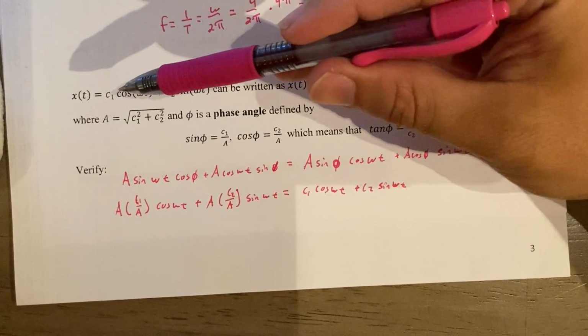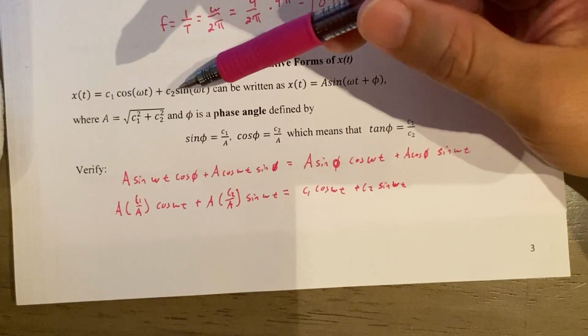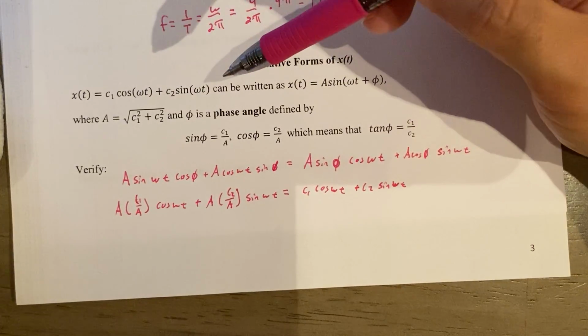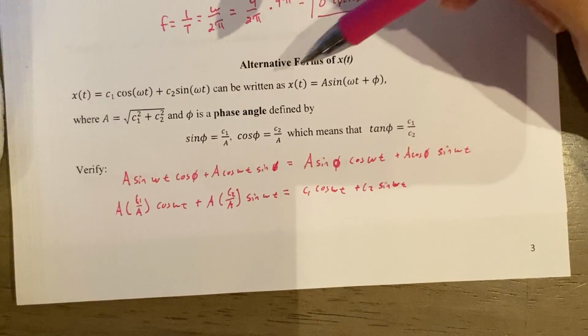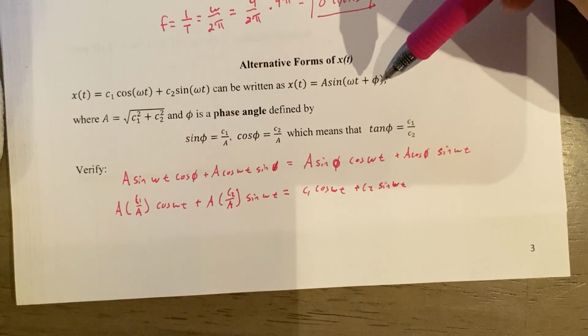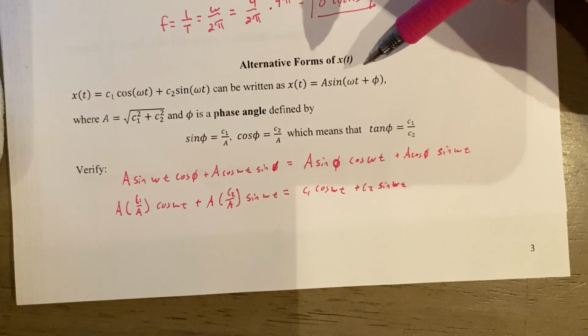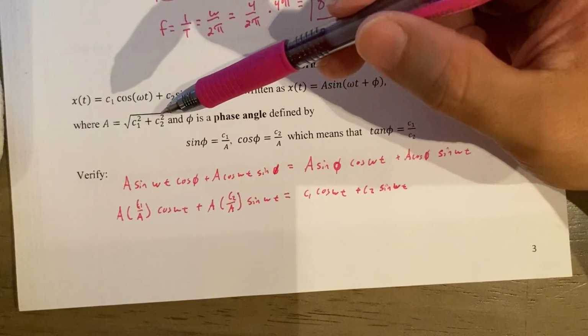So say our position function is c sub 1 cosine of omega t plus c sub 2 sine of omega t. We can change this in terms of sine or cosine. Now, if we're changing this in terms of sine, instead of minus phi, it's going to be plus phi. Amplitude is the same thing.